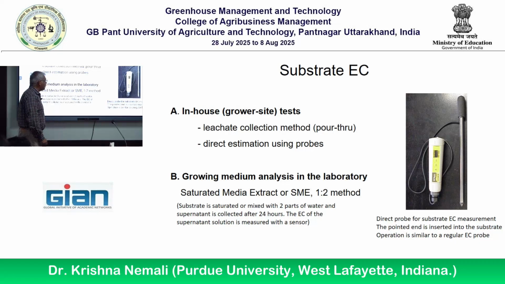This is what you can do in your farm. But if you don't have sensors, probes, or people to do that, you can take soil and send it to a laboratory, and they do the same EC measurements for you. They use methods called SME, saturated media extract, or the 1:2 method.